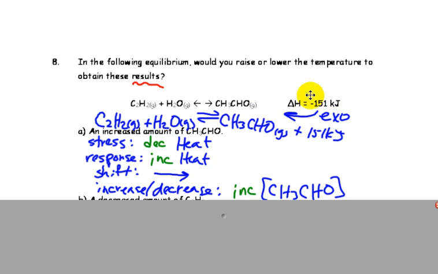Now here, heat is negative, so it means it's an exothermic reaction. So what I want to have happen is I want my seesaw to look like this. If it looks like this, then I will cause things to move to the right. And that's what I want to have happen, because I want this to be produced.